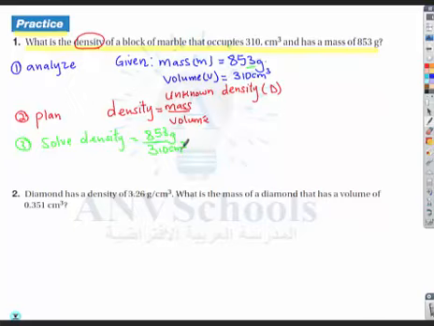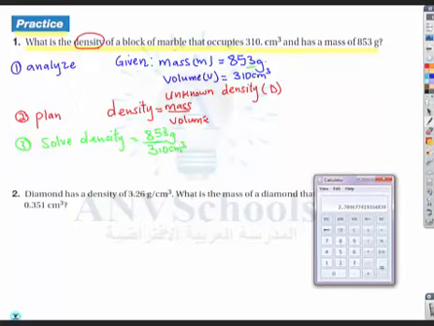Let's see what this one gives us here. We will take 853, then we will divide it by 310. What will we have?